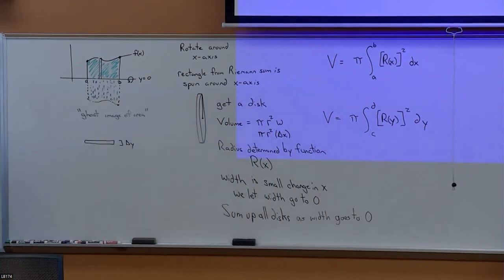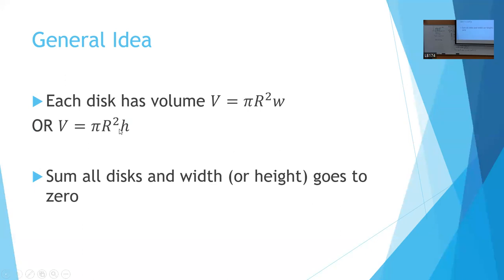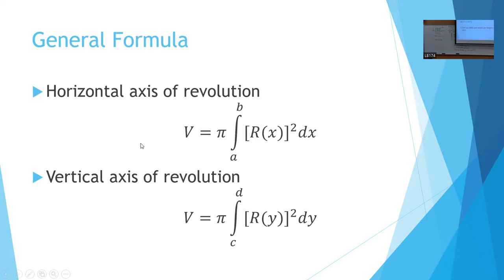All right. So that's where these two formulas are coming from. They're coming from this general idea that we cut a bunch of cross sections, and when we rotate and sum up all the disks as the width goes to 0, or as the height goes to 0 if we're rotating around a vertical axis, we get these two formulas. These are the same two formulas that I had on the board.